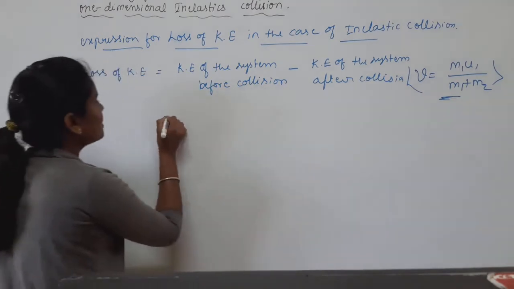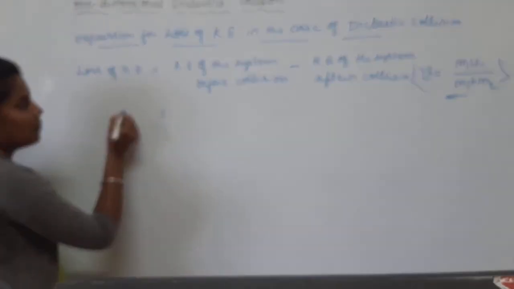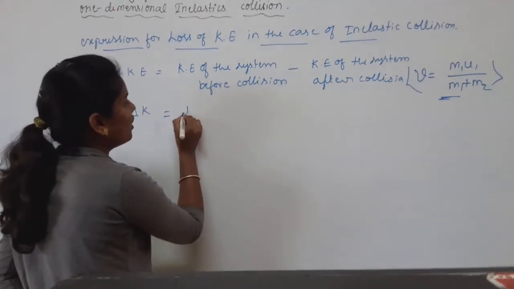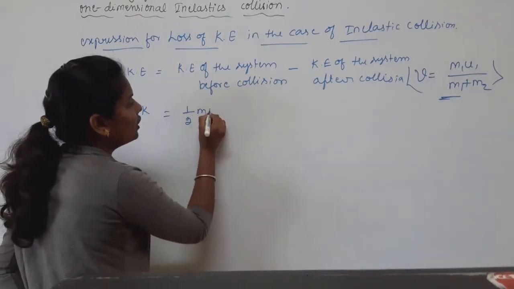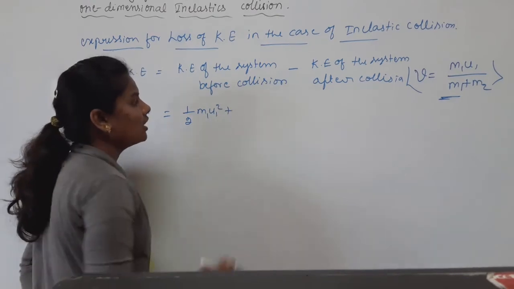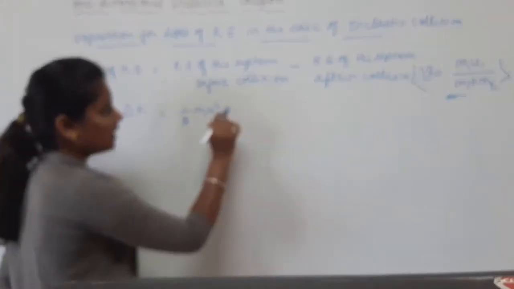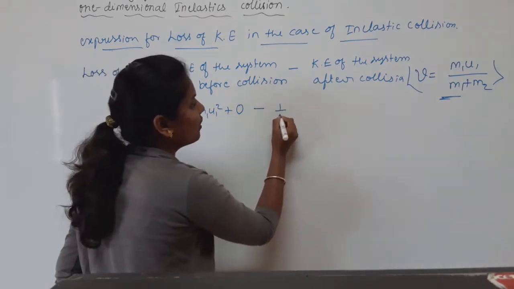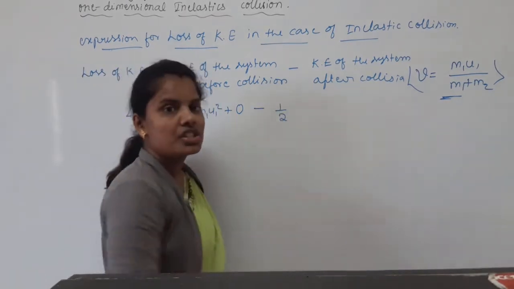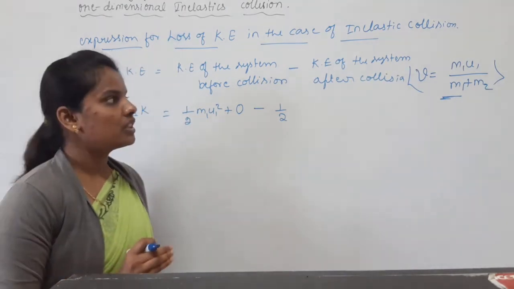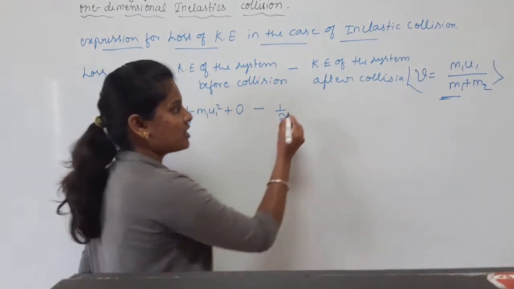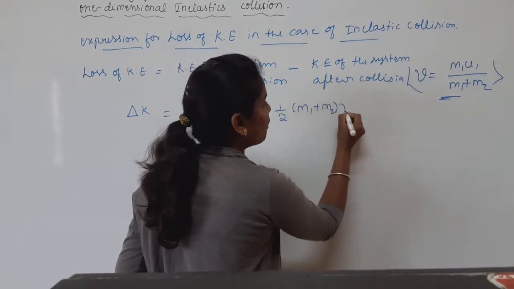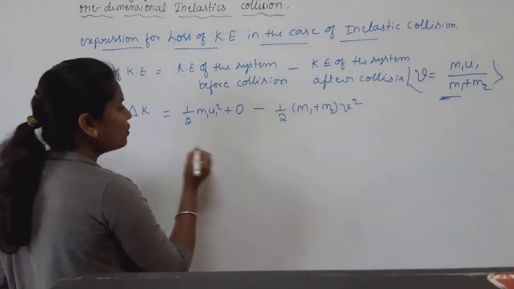According to this, the change in kinetic energy can be represented by delta K equals 1/2 m1 u1 squared, and since u2 is 0 that term is directly 0, minus 1/2 (m1 plus m2) v squared, because after collision both bodies A and B move with the same velocity. Now simplify this.